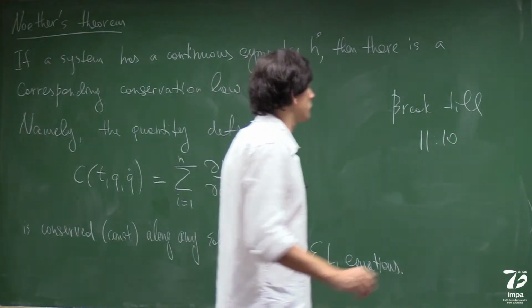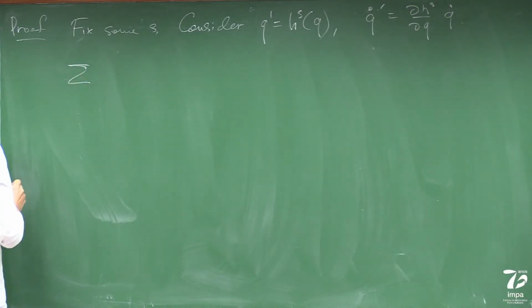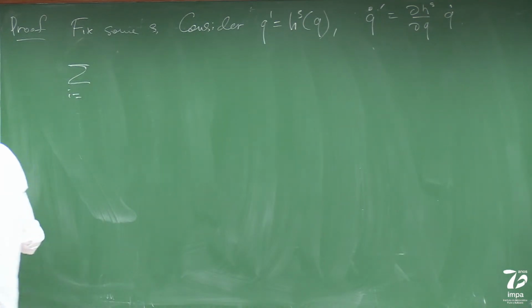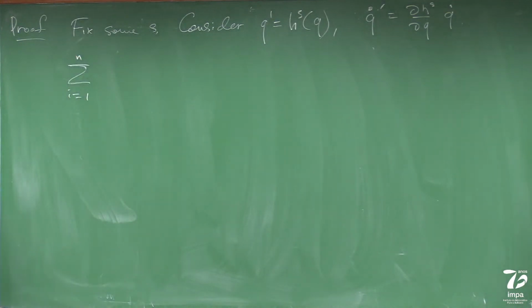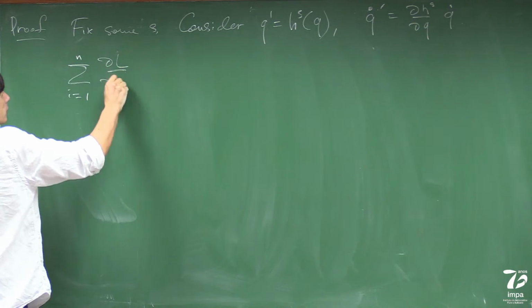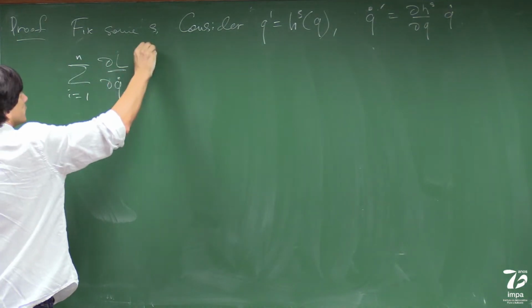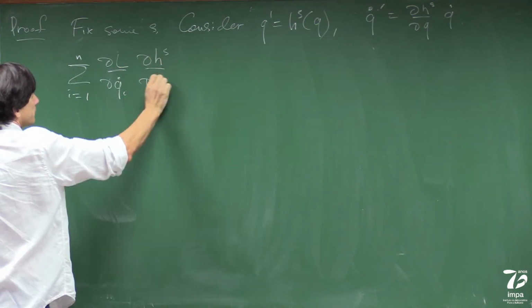So we take this expression, which is the sum over the n components of dL over d q i dot, times dh S over dS.